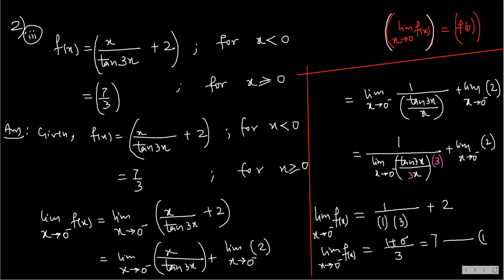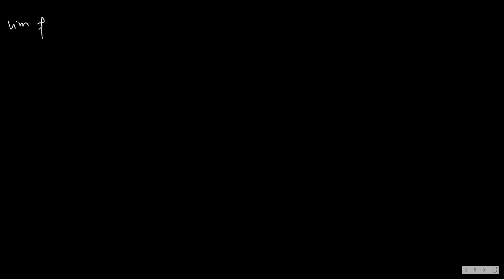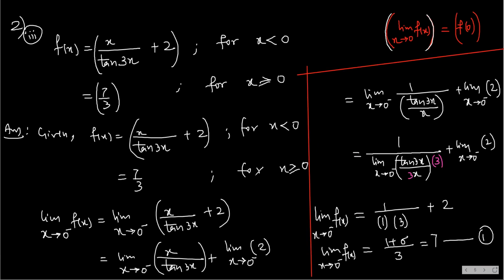This is 1. The right hand limit is limit f of x when x tends to 0 from the right. Now you know when x is approaching 0 from the right, x is greater than 0. And you know for x greater than 0, what is the function defined as? See students, for x greater than 0, the function is defined as 7 by 3 only.